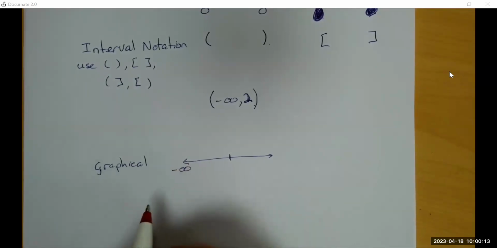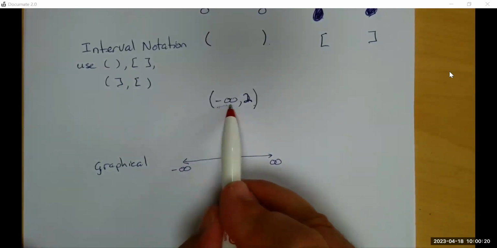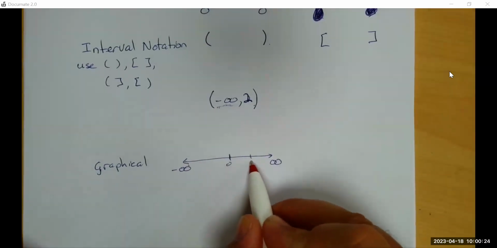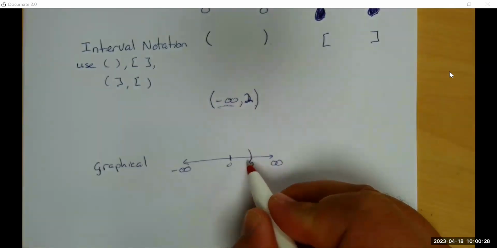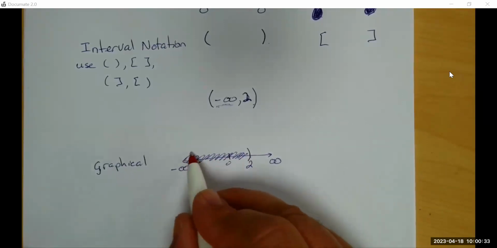Negative infinity. To the right is positive infinity. So what this one says, I start off at negative infinity, I go all the way to 2. It's a parenthesis. So that means I can use all of these numbers here.